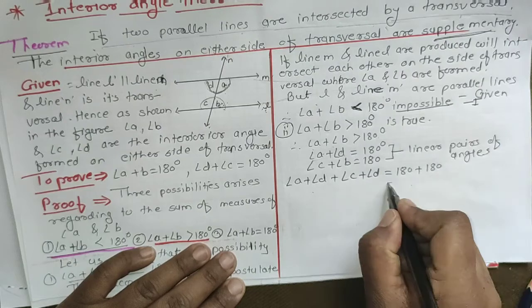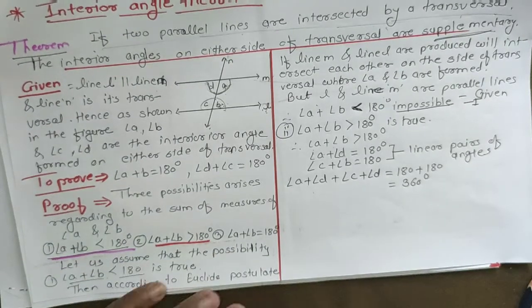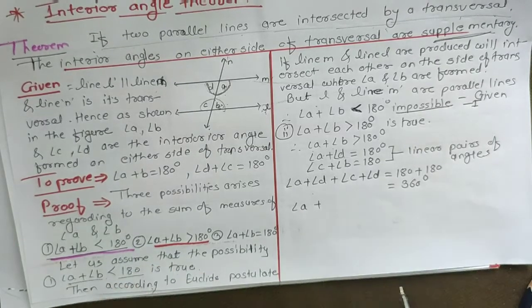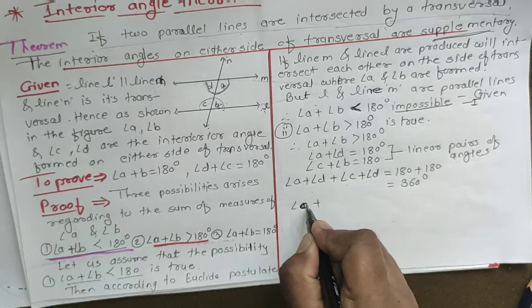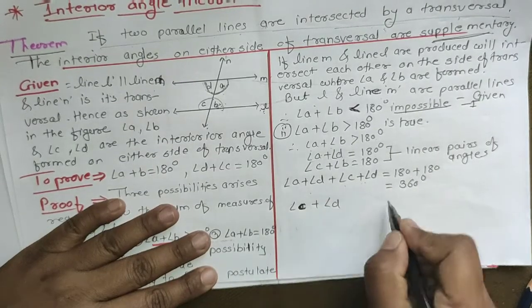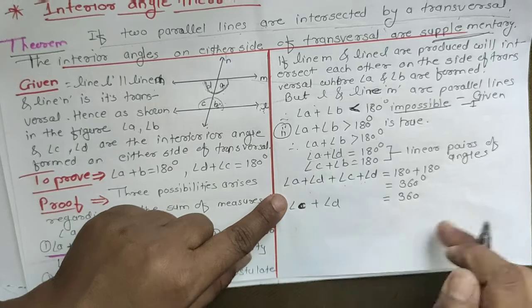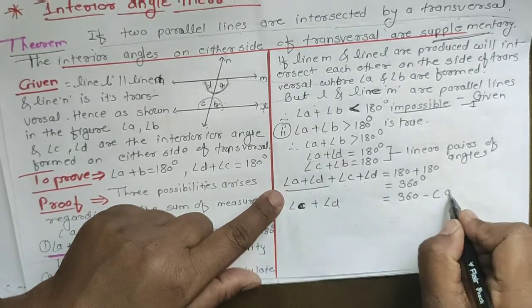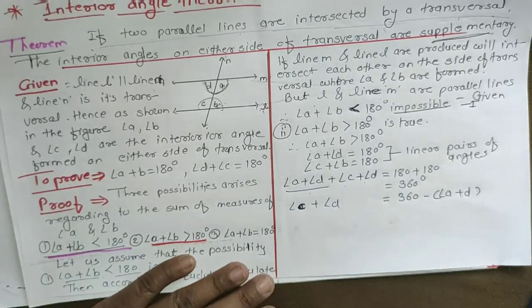So its answer is how much? 360 degrees. Okay, now we will keep these angles on this side: angle C plus angle D is equal to 360, and these angles we will take to this side with a minus, in brackets, angle A plus angle D.